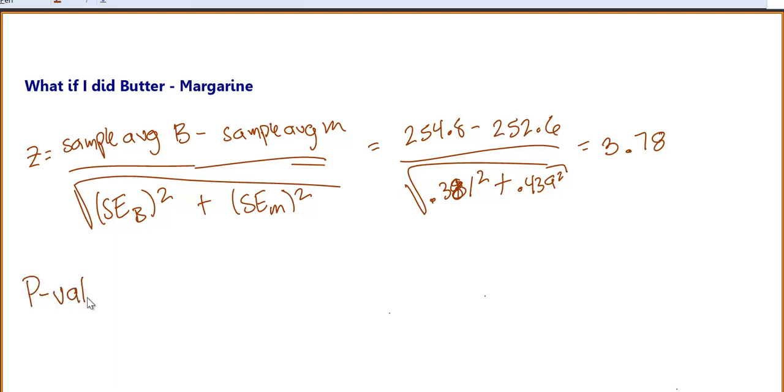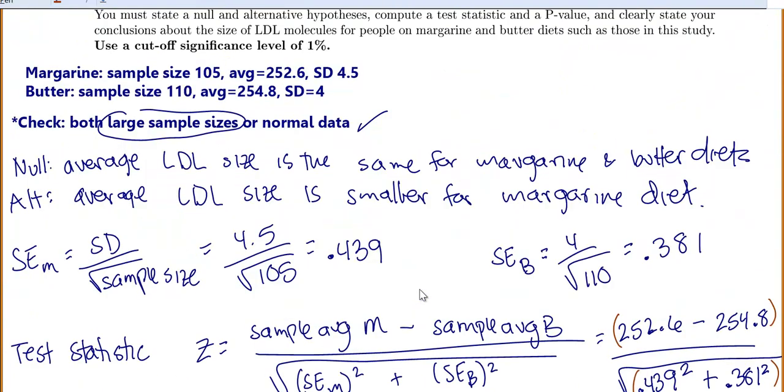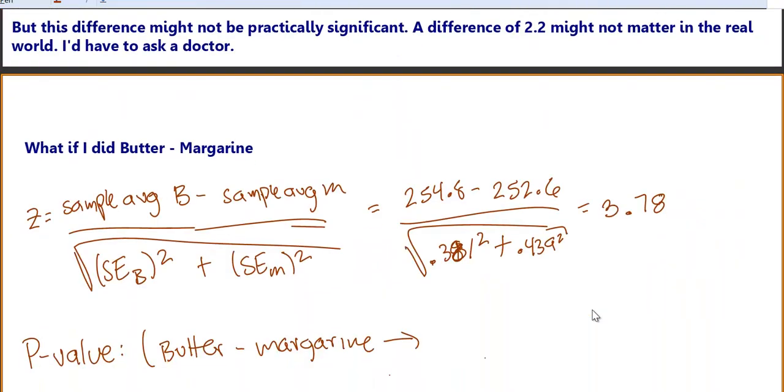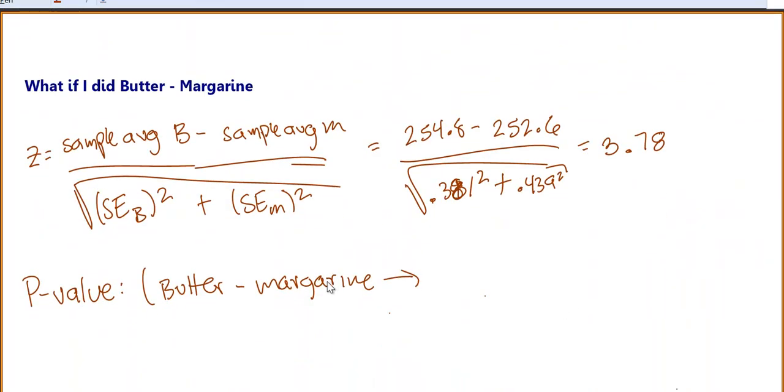Then for the p-value, now I did it in a different order. So now I did butter minus margarine. I still go back to my alternative hypothesis, and I'm still trying to show that the margarine is smaller. So margarine is supposed to be smaller, so butter must be the bigger one.